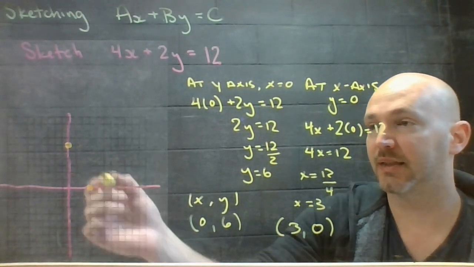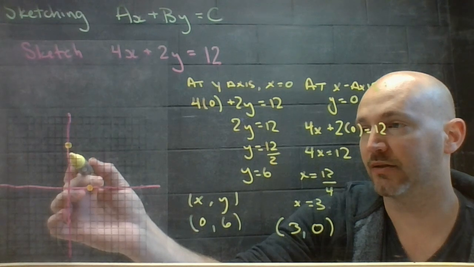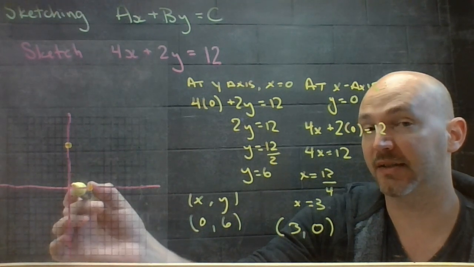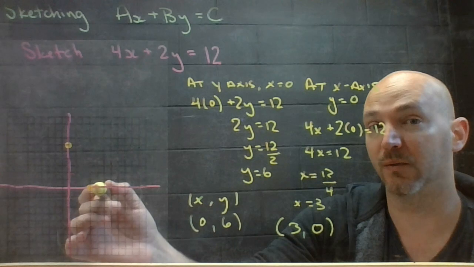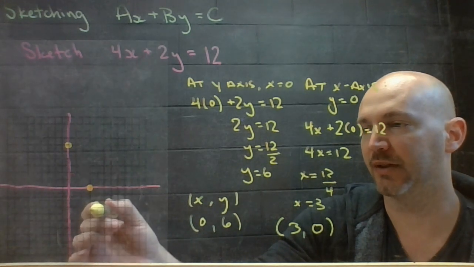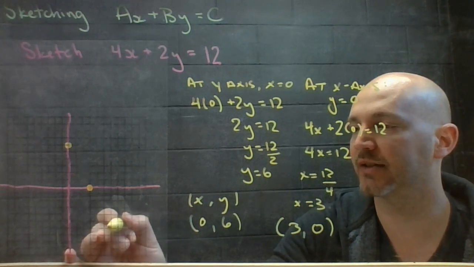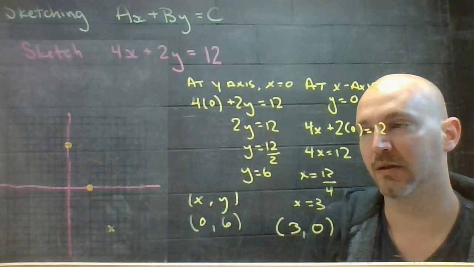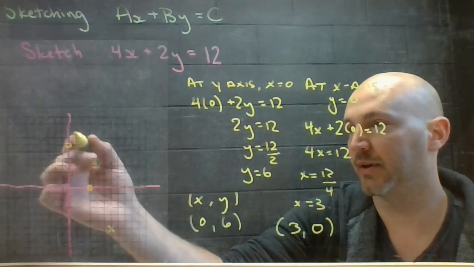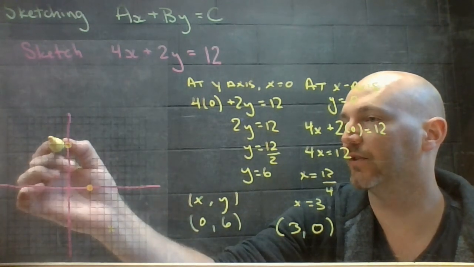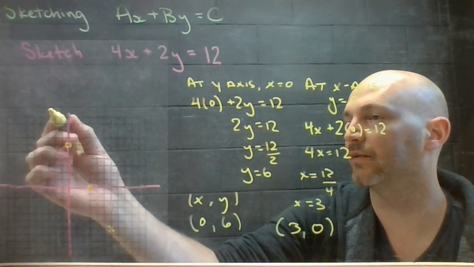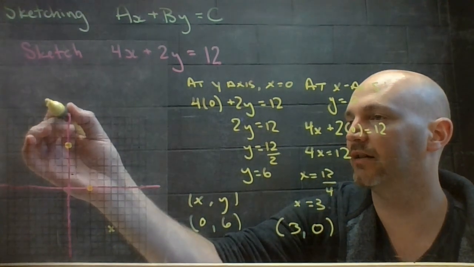So it looks like this line went 1, 2, 3, 4, 5, 6 down, and 1, 2, 3 over. That's where your next dot in the pattern should be. Going the other way, 1, 2, 3 over, and 1, 2, 3, 4, 5, 6, that's about here.